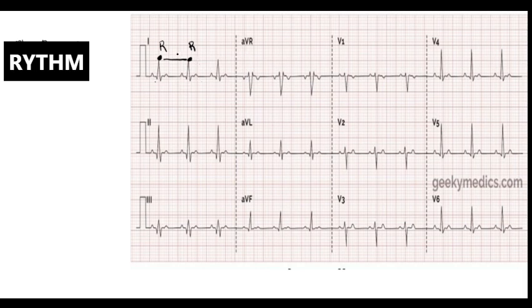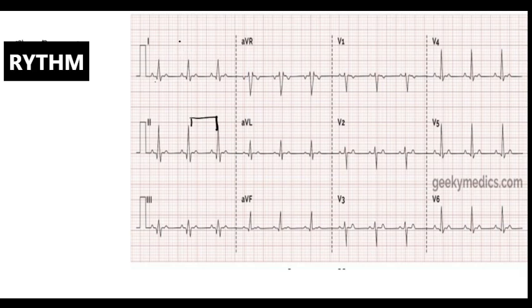Suppose the distance between the R waves is 3 large boxes; it should be the same in all other leads. This should be 3, this should be 3, this should be 3 boxes. Then we call the rhythm regular. Basically it is a heartbeat.